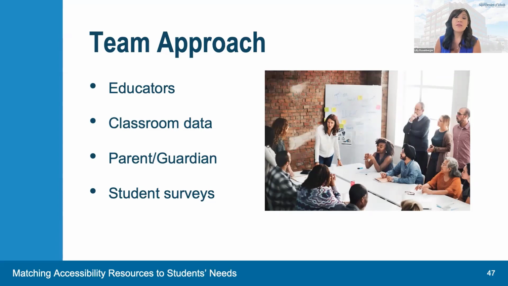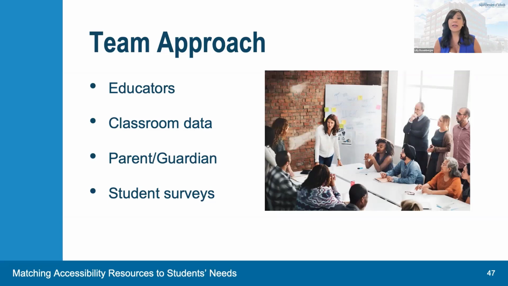Additional sources of information that can be used to support accessibility decisions for each and every student include classroom data, parents and guardians, like we mentioned, and again, students themselves. Educators can collect student performance data with and without the use of accessibility resources to determine what resources benefit each student the most.